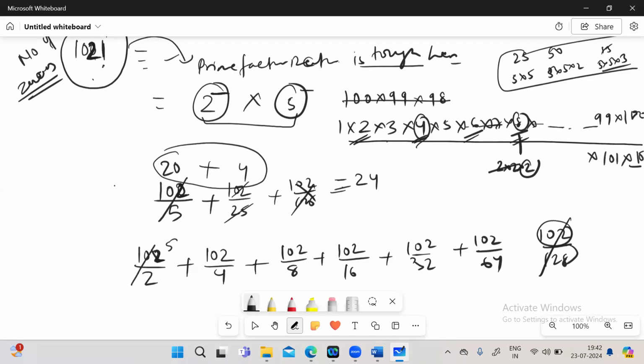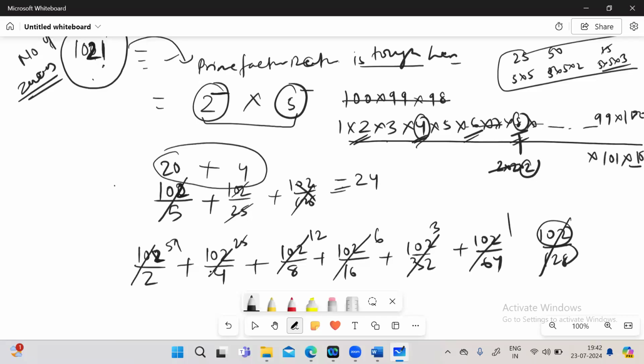So here I'm getting 51, here I'm getting 25. Here I'll be getting 12, only the integer. We'll be taking only the integer. 6, 3, and 1.